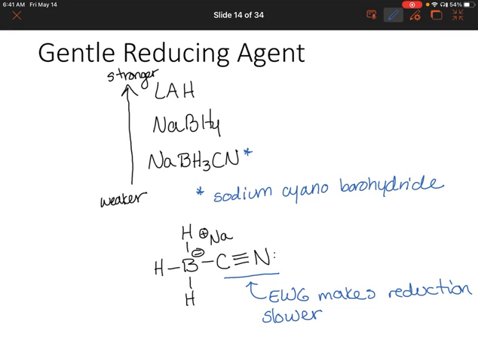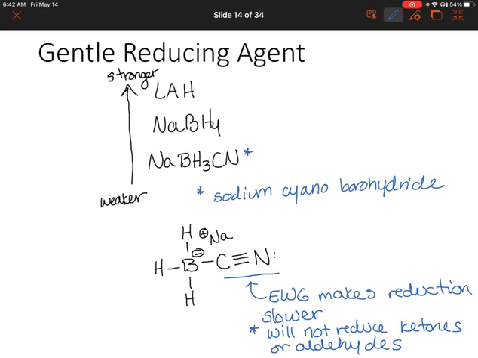Now, the great thing too about this reducing agent is it will not reduce ketones or aldehydes. So this will only reduce, for instance, that iminium ion or an imine, for example. So this is a perfect reducing agent for what we're trying to do.